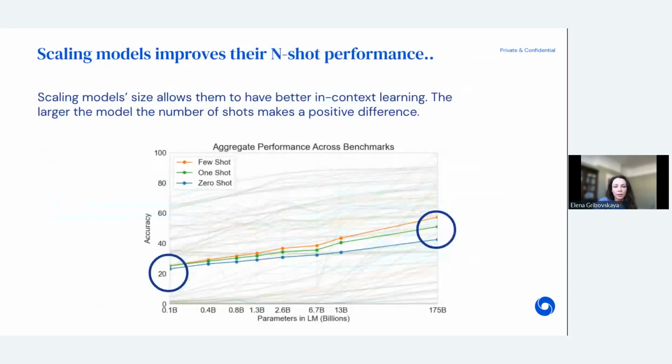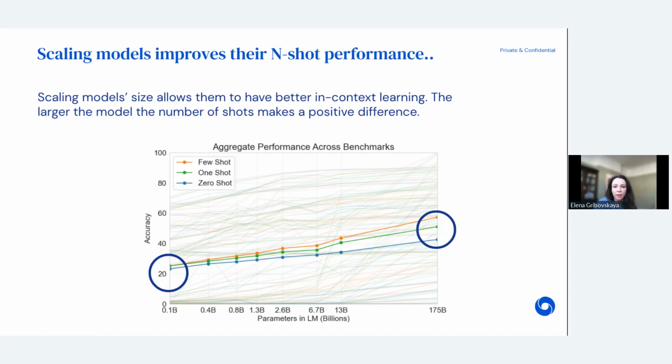Another interesting observation from GPT-3 is that scaling the model improves in-context performance. The chart here shows how the accuracy of the model, averaged across all the downstream tasks, scales with the number of parameters, from 100 million all the way to 175 billion, so the GPT-3 size.